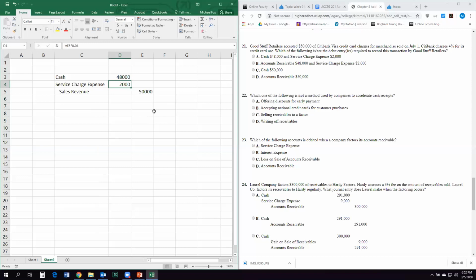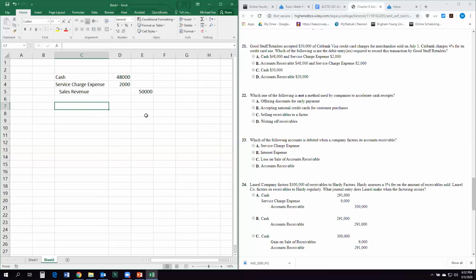So just so you know, in real life it's done both ways. Some businesses would record this as cash of 50, sales revenue of 50, and then later, when they get their statement from their credit card vendor, they would record the service charge expense and the cash going down.